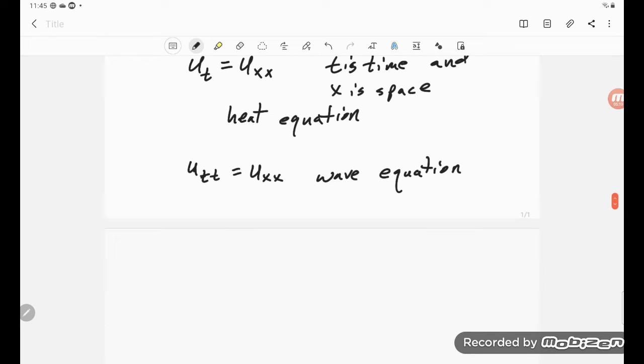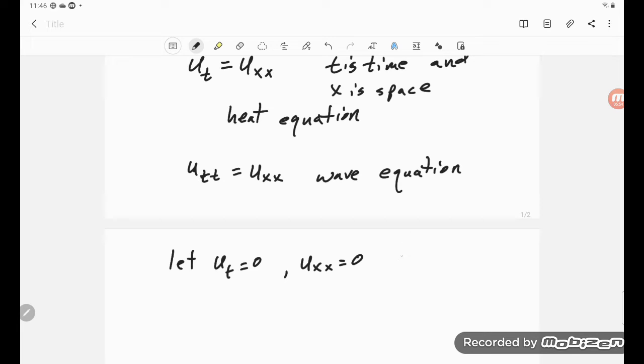And now, in the case of the heat equation, if we let u sub t equal 0, then u sub xx equals 0, which is not a partial differential equation. That would just be an ordinary differential equation because there's only one independent variable there.